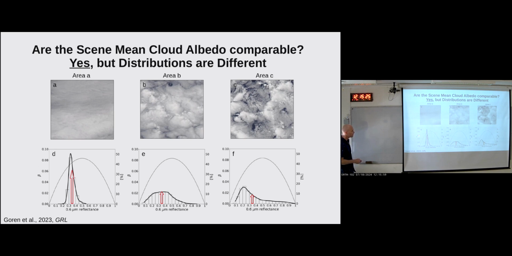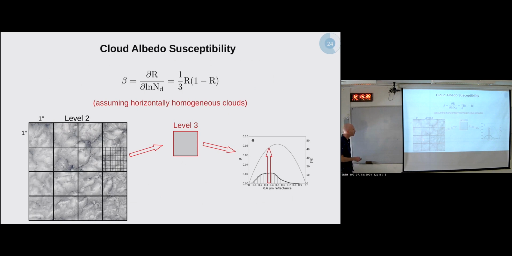So the albedo susceptibility for these three scenes would be the same if we use this equation from before. But I assume you guessed that this is wrong, because we need to take a weighted average, right? So let's go back to this illustration of level 2 data. We have 1 by 1 kilometer information of the cloud albedo within this 1 by 1 degree scene.